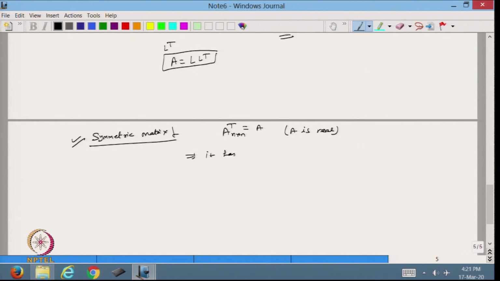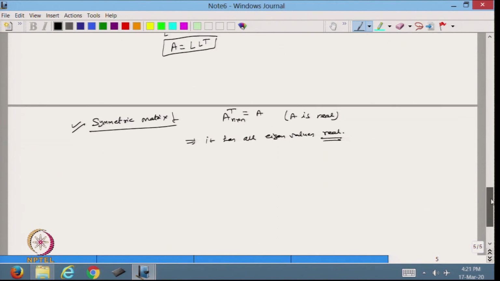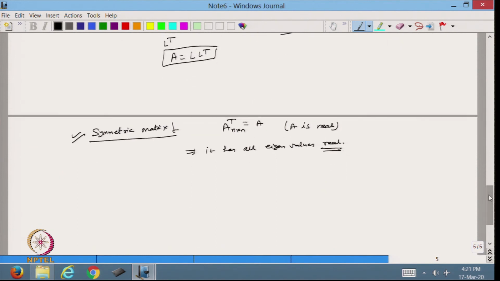The benefit of the symmetric matrix is that it has all eigenvalues real, because when we have real eigenvalues, then we can say whether each has a positive sign or negative sign. This we can also prove.